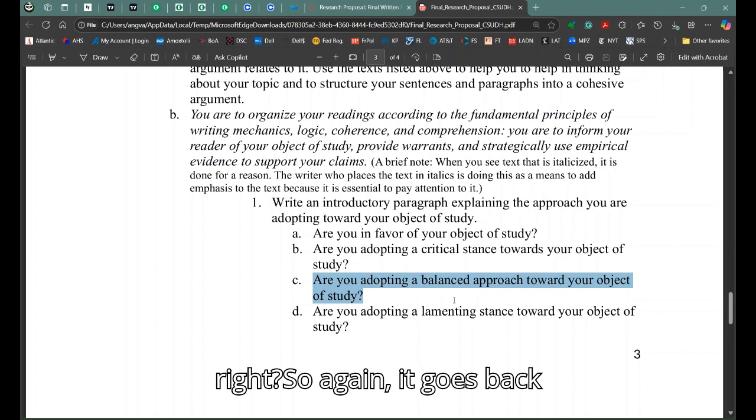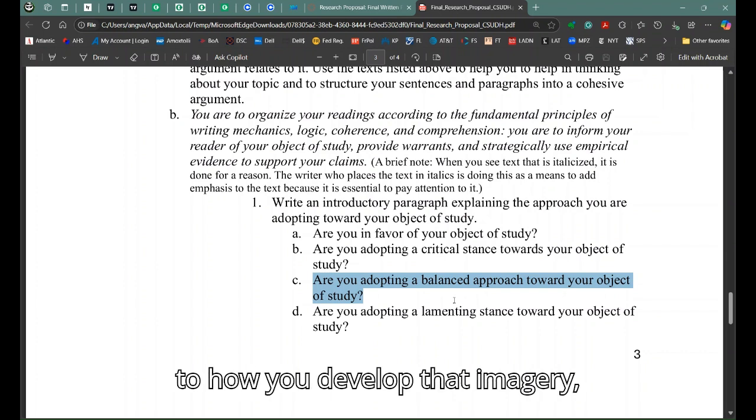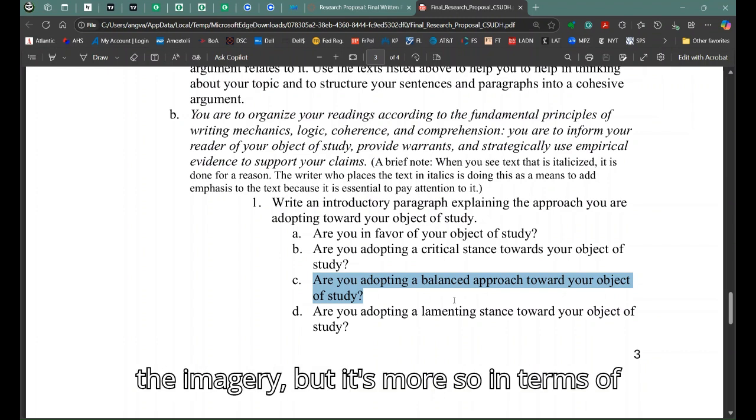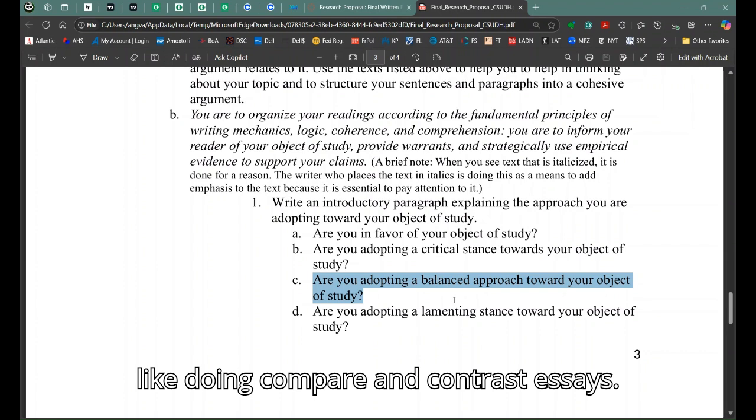So again, it goes back to how you develop that imagery, right? It's always important developing the imagery, but it's more so in doing compare and contrast essays.